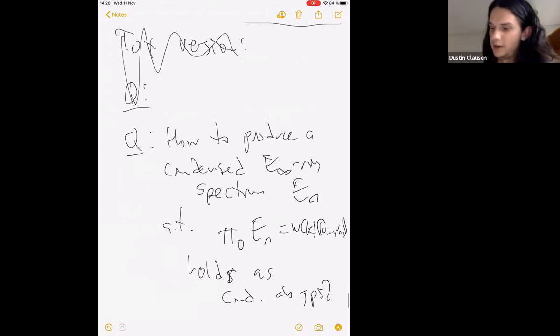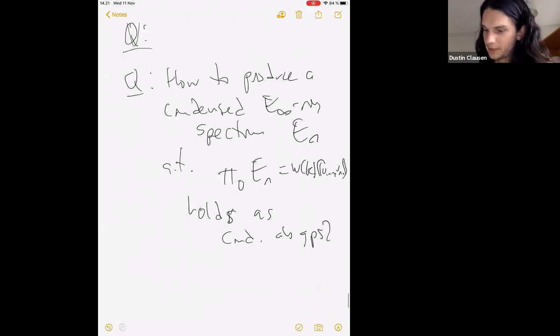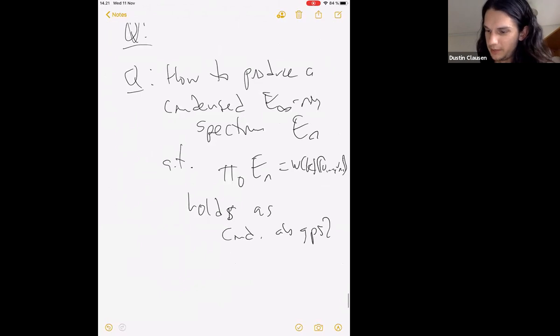So that pi 0 is the inverse limit of the truncated versions of this with their discrete topology. So okay, that's the question we're going to be addressing.